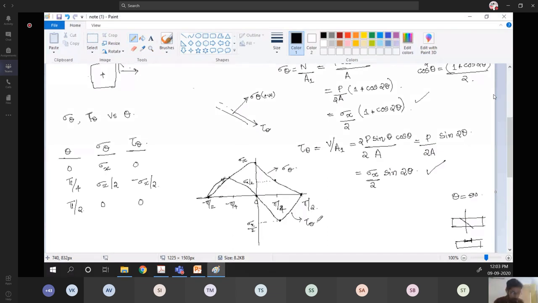So from this, what type of conclusions can we make? When you compare the values, for sigma theta the maximum value will be sigma x.